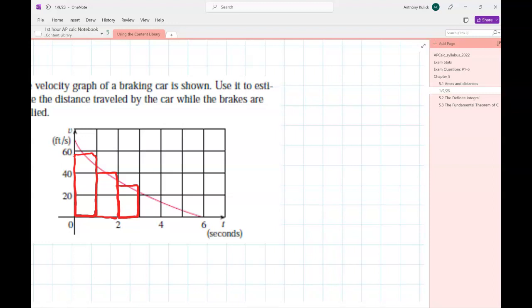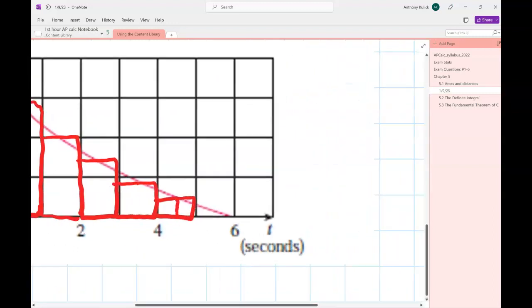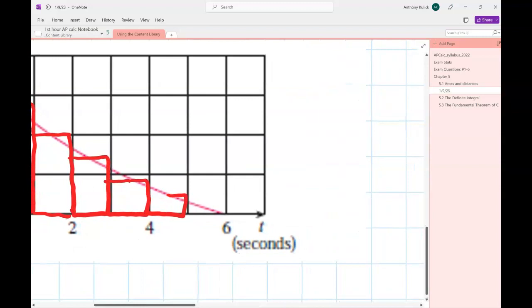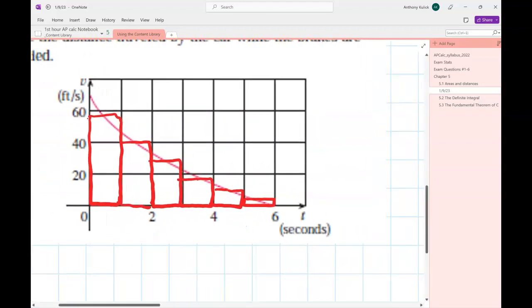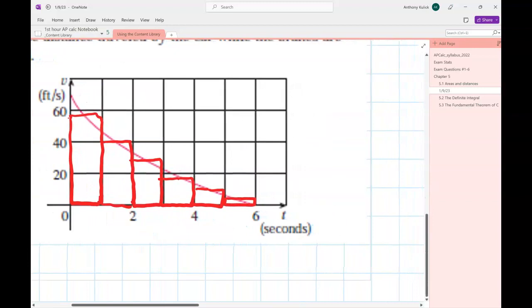Oops, that erased more than I wanted it to. Okay, good with that.